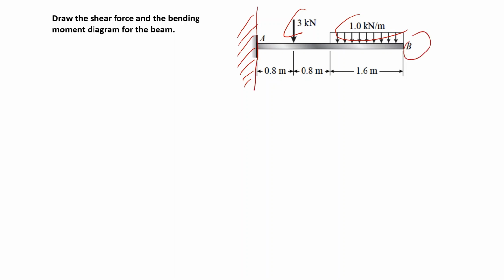Point B is a free end. So in such cases, we know that the critical point is always at the fixed support, and we can calculate the values, the moment and the shear force at this point.